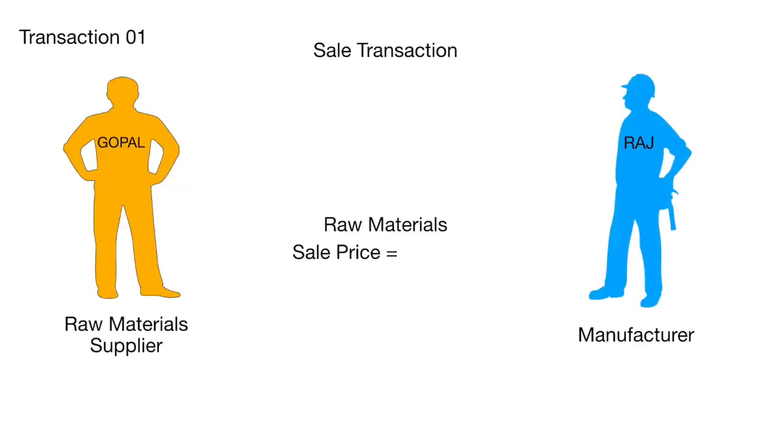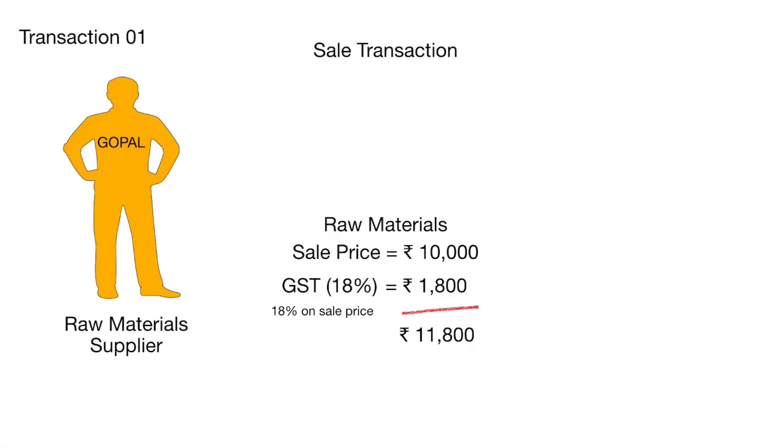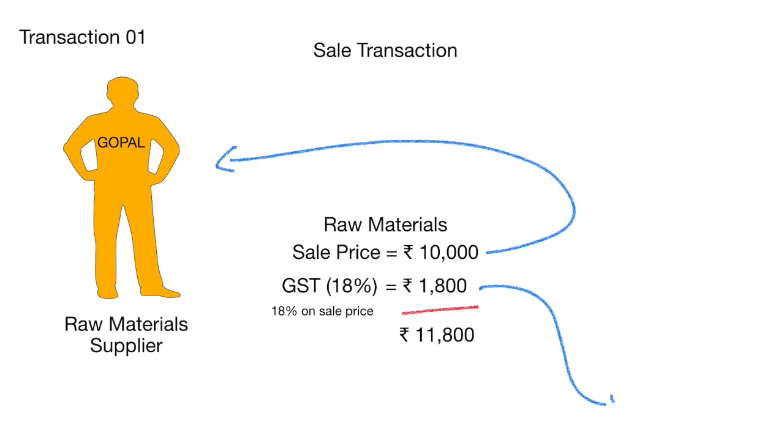Okay. So Gopal sells this goods to Raj and the sale price and GST are as given. The GST will be charged at 18% on sale price, which comes to 1,800. That is 18% on 10,000. Now Gopal sold the goods and received the sale price along with GST amount. Now Gopal will transfer this GST amount received by him to the government.